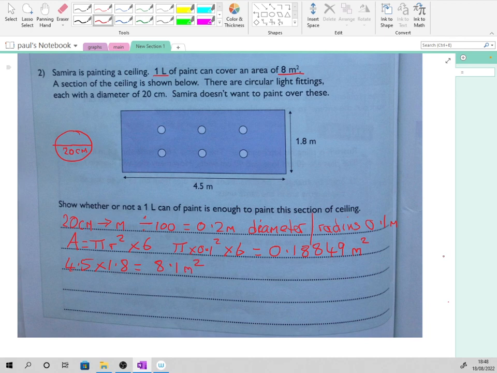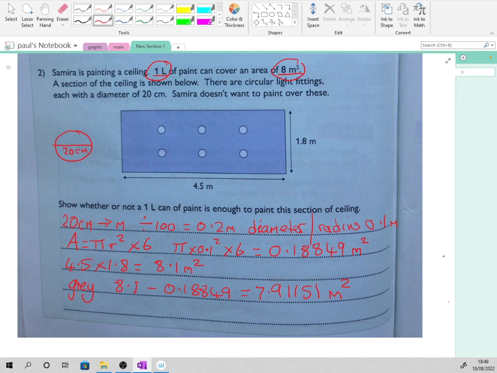Right, so the area of the grey is 8.1 minus 0.18849 minus 0.18849, which equals 7.91151 meters squared. Now, 1 litre of paint can do 8 meters squared.